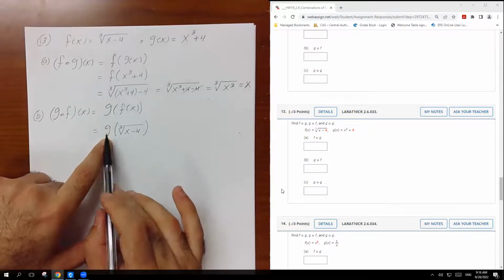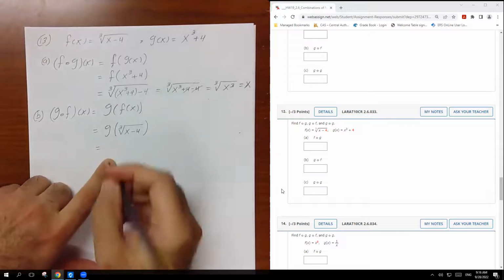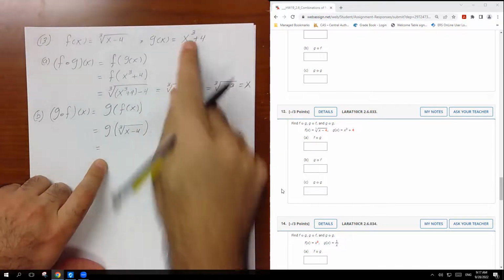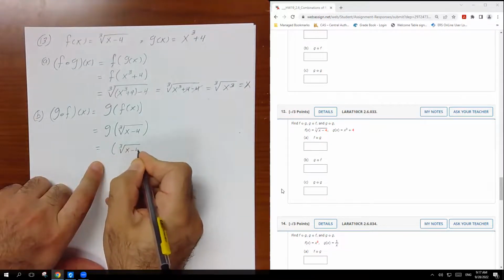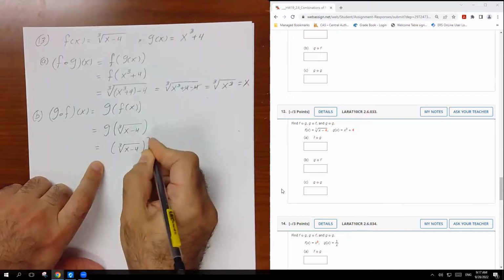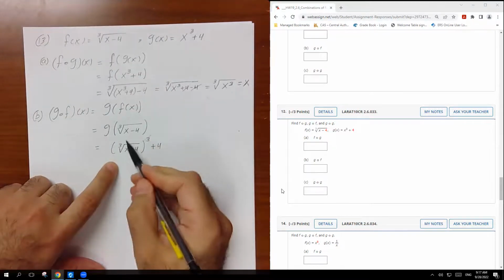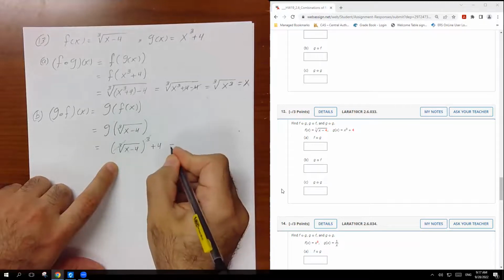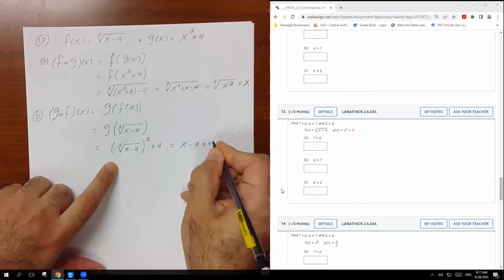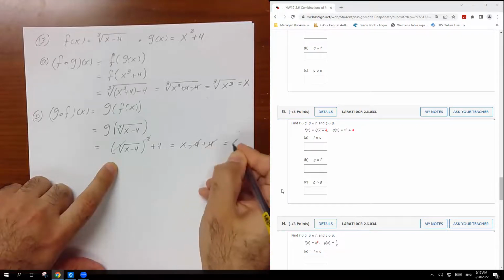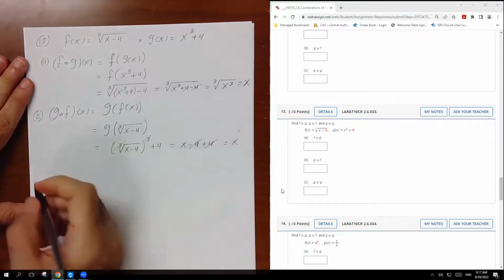Instead of each X in the G function, I'm going to plug in this number. So here's the X in the G function. I have to plug in the cubic root of X minus 4, cubed, plus 4. Now I need to simplify this one. This cube cancels with the root. So it's going to be X minus 4 plus 4. Cancel these. The result is going to be X. That's it for this one.